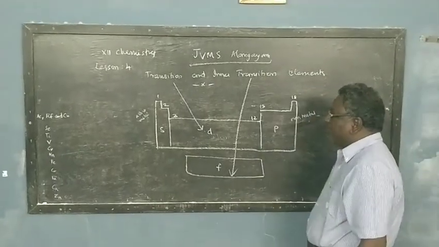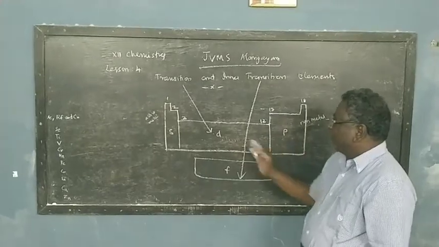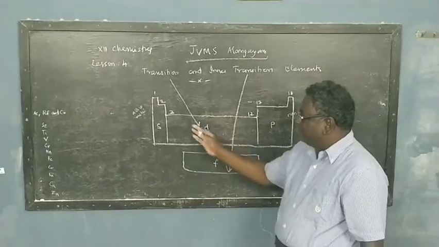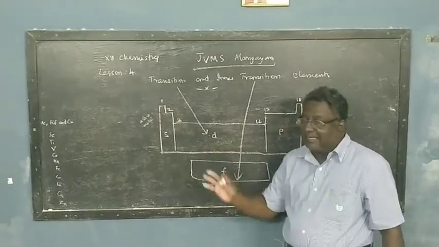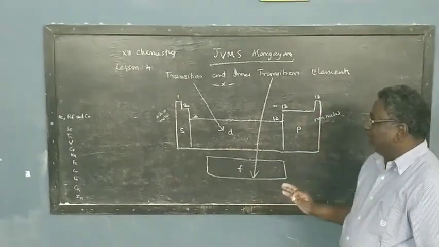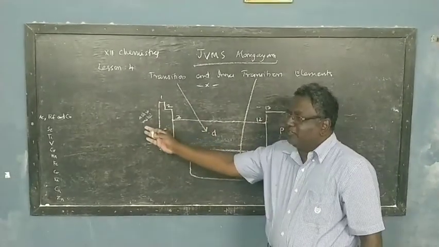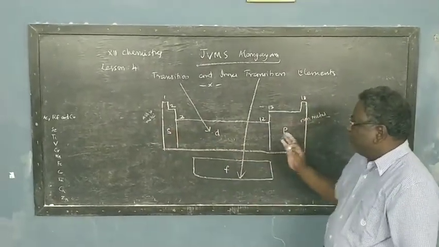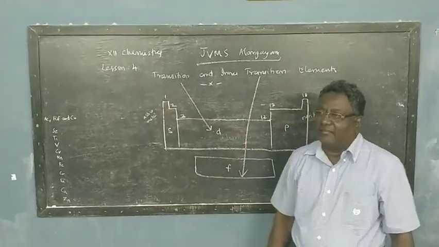So here there is a transitional property. Transition elements are placed between the S block and P block, and the properties undergo a transitional aspect as they change from metal to non-metal, electropositive to electronegative. Because of this changeover, they are referred to as transition elements.